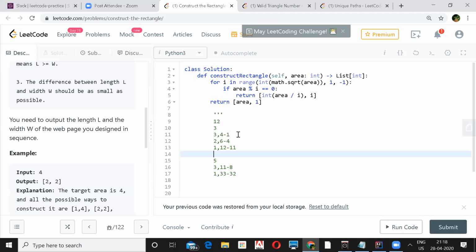So we have to find the second largest factor, other than the number itself. The first largest is the number itself, and the second largest will provide us the minimum difference, if you are getting what I meant to say.